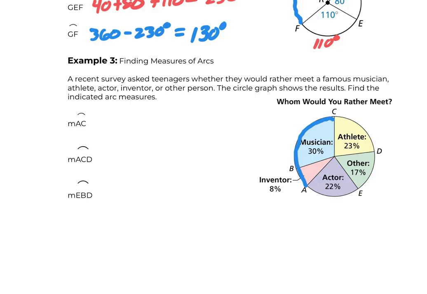It represents 8 plus 30%. So that is 38% of the circle. If I want to figure out how many degrees that little section needs to be, I would take 0.38, changing it to a decimal, and multiply it by the full circle.